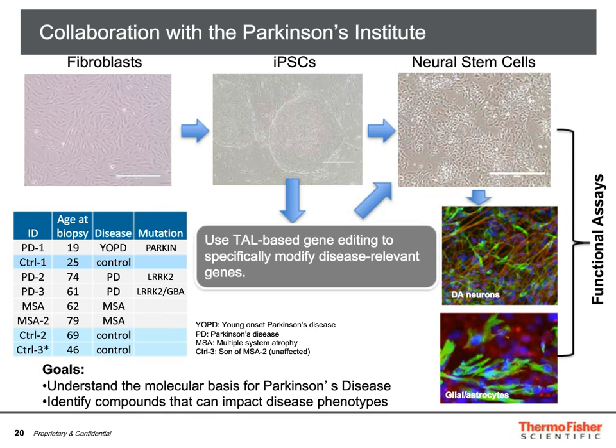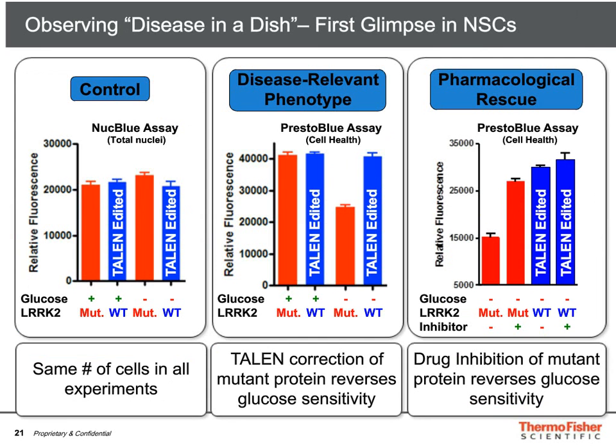A little snippet from that study is in this slide. So basically we have a first glimpse in neural stem cells from this experiment. In this case, we've edited the cell lines at the LRRK2 gene, and the first experiment on the left is showing that we have all the same number of cells in the wells. In the middle, when we look at glucose sensitivity, the cells with the LRRK2 mutations were sensitive to glucose.